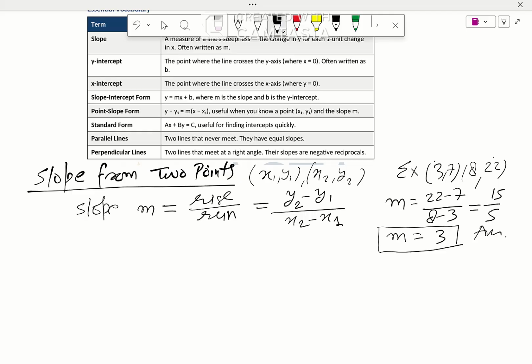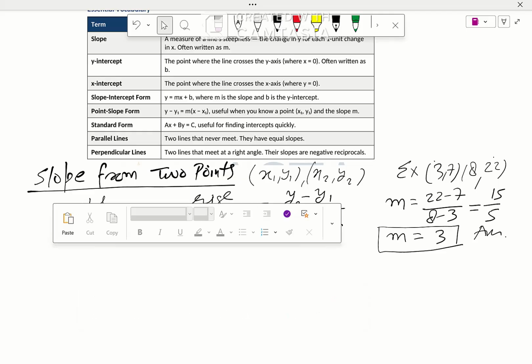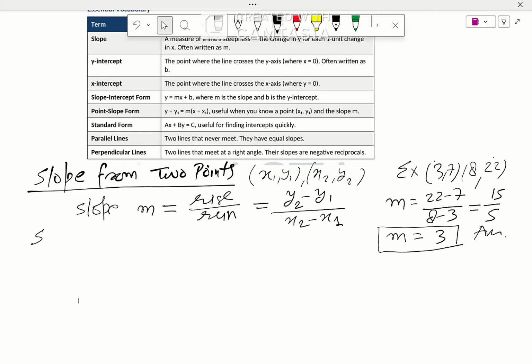Now when we talk of slope, there are certain special cases. Number 1, m is equal to 0. You can have a line in which the rise is 0.